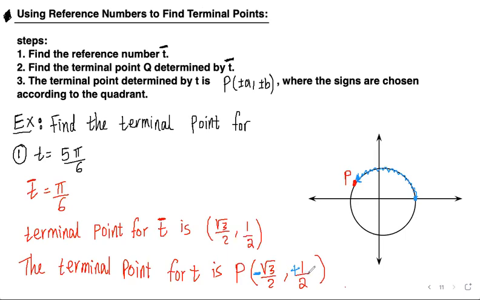So again, let me explain it. You find the terminal point for t bar, and the terminal point for t is the same as for t bar, but the difference is the sign. Is it clear, this one? Any question? Okay, next one.